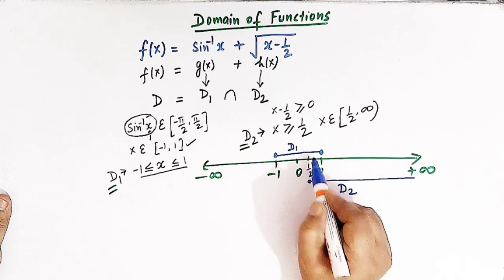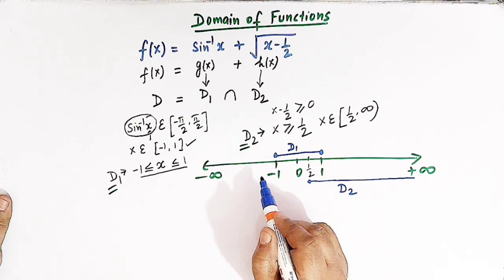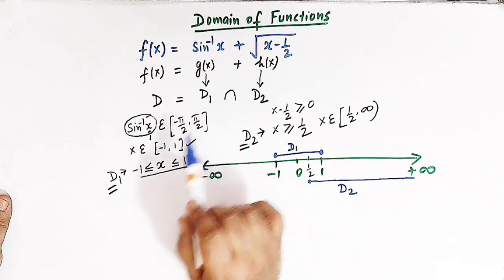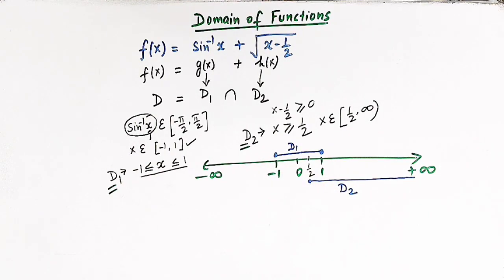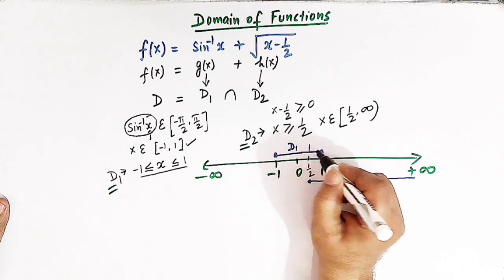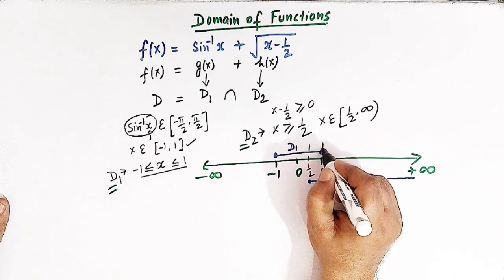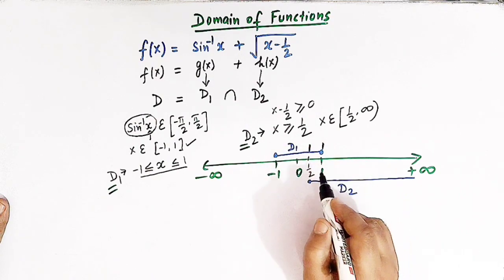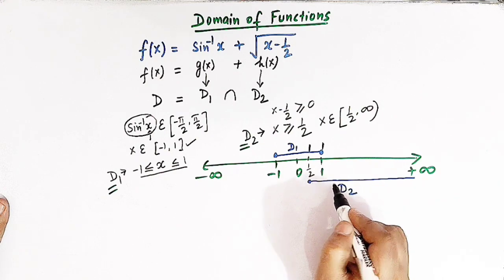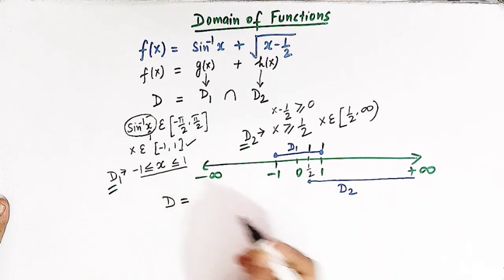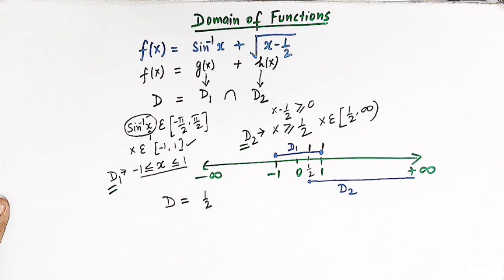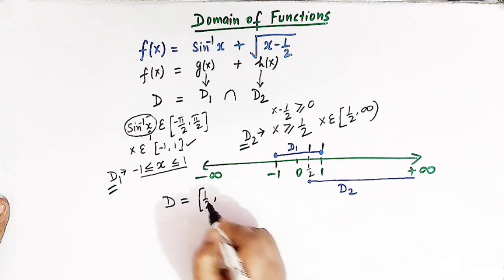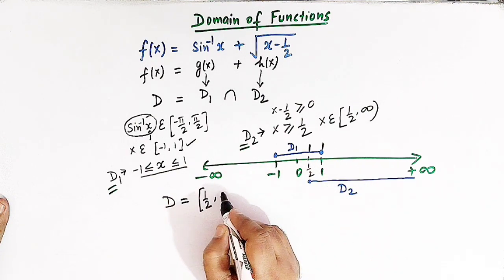Now we have to identify the common region lying between these two domains, D1 and D2. From this representation, we can easily see that the region from half to 1 is common to both domains. So D can now be written as from half to 1, where half is included and 1 is also included.